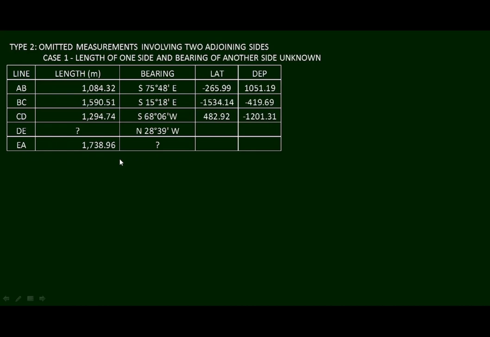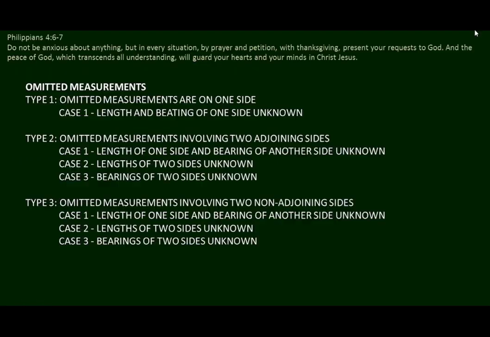So let's try to solve first for the latitude and departure of the completed lines. Again, how did we solve the latitude? Ulitin lang natin yung solution natin for latitude.